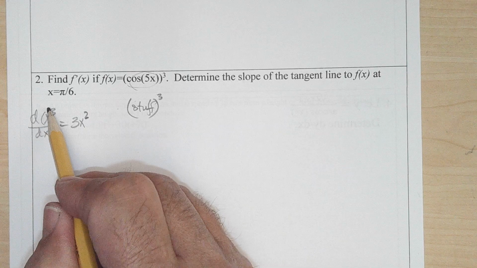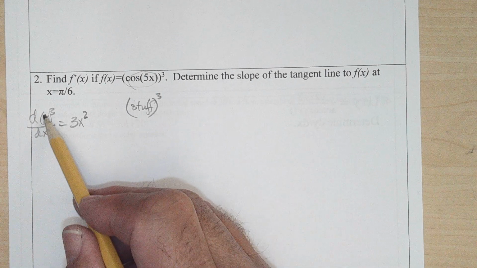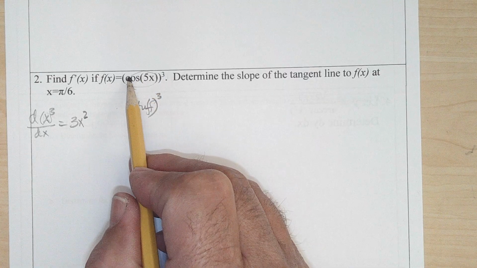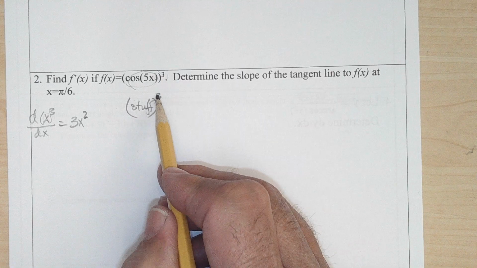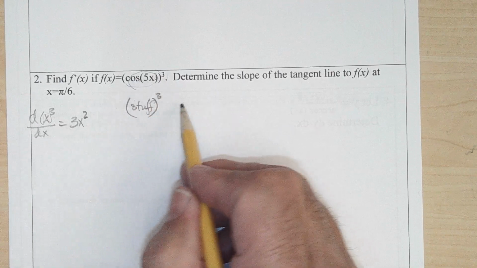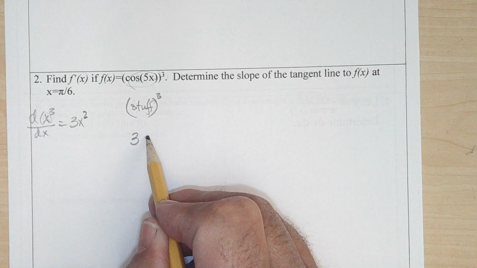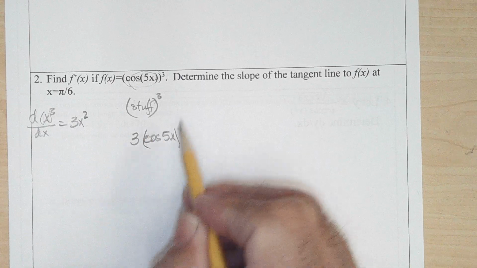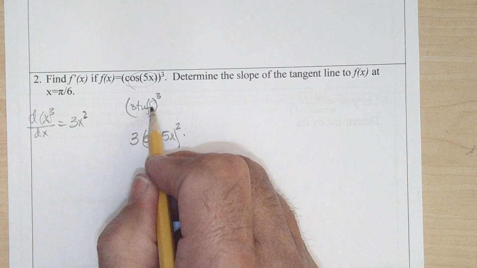But if this is messier than just x to the third, then we have to do the derivative of the stuff. So the derivative of cosine of 5x to the third is, if that's the stuff, it becomes 3 times the stuff to 1 less power times the derivative of the stuff.